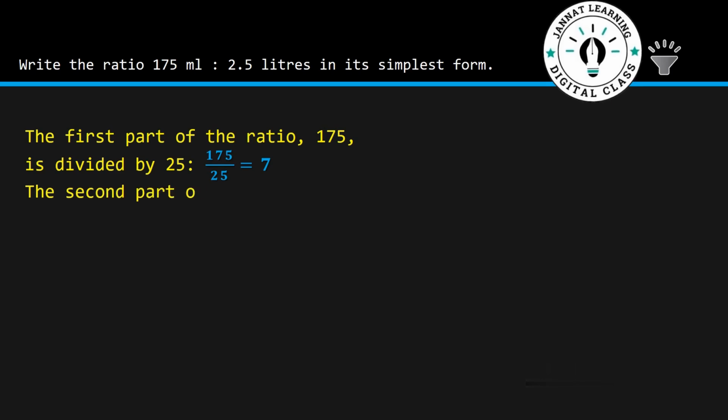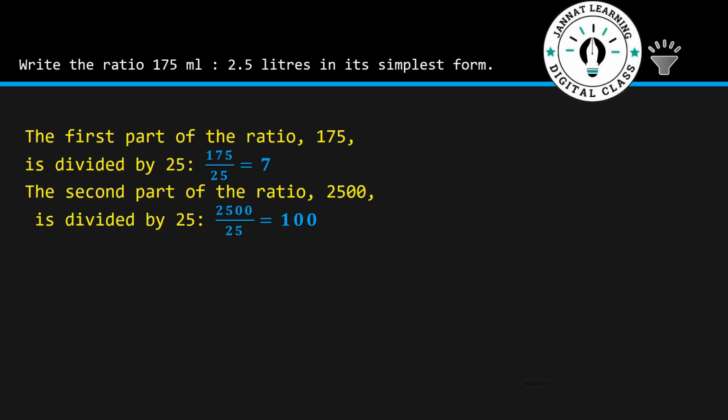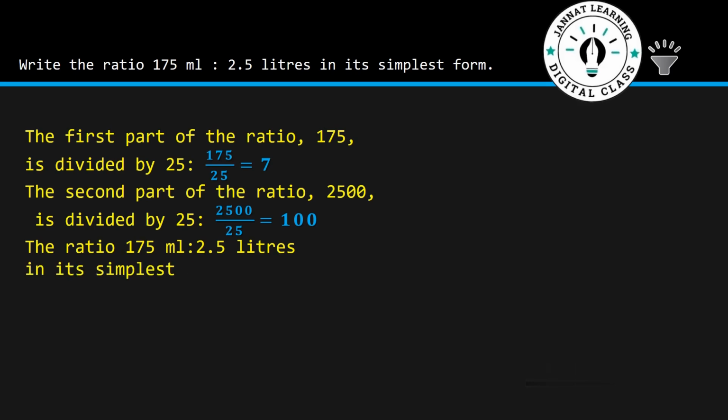The second part of the ratio, 2,500, is divided by 25. 2,500 divided by 25 is equal to 100. The ratio 175 ml to 2.5 liters, in its simplest form, is 7 to 100.